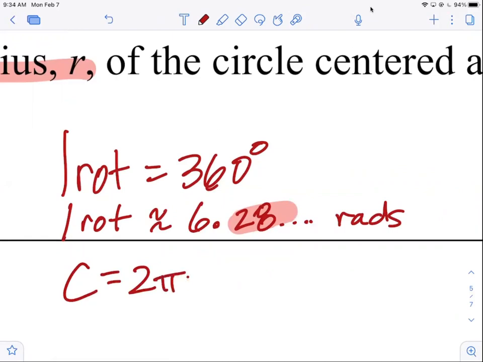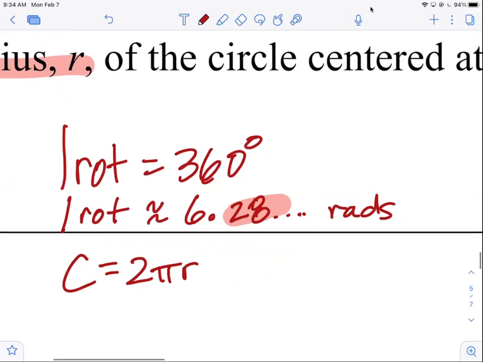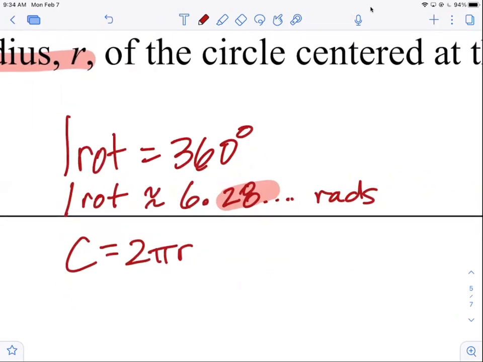Thank you, Archimedes. The circumference of a circle is 2 pi r. Let's look at the formula now for theta. Theta is S over r. You've got to memorize that. It's just the ratio of an arc length to a radius. Well, for one rotation, let's write this here.